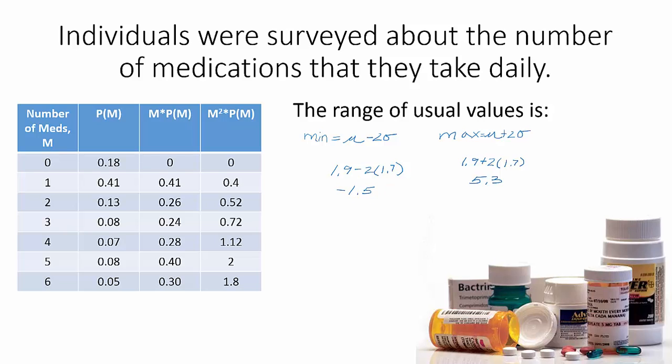Now obviously no one can take negative meds, so our usual values really would go from 0 to 5.3. The only value in our data set that's beyond that would be the 6. And so that's how we answer the questions about the middle, the mean or expected value, the variance and standard deviation, and also the usual values when we're working with a discrete probability distribution.